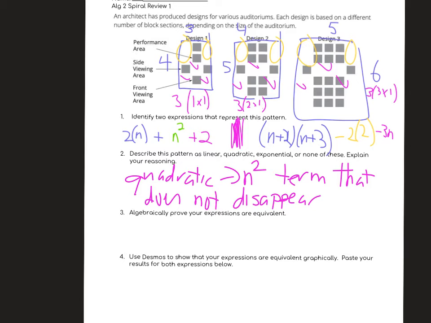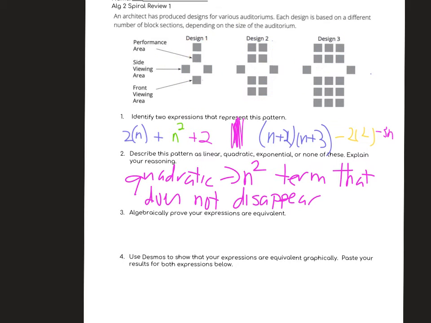If I looked at the total number of blocks in each design, there are 5 blocks, then 10 blocks, then 17 blocks. So you'll notice that's not a linear pattern.